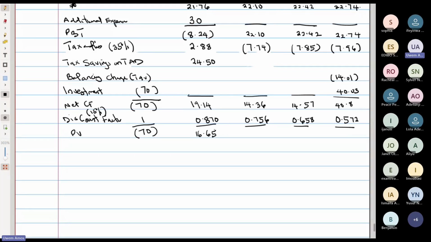If it's wrong, could someone please bring my attention to it. 14.36 multiplied by 0.756, 10.86. 14.57 multiplied by 0.658, 9.559, and finally 40.8 multiplied by 0.572, 23.34.